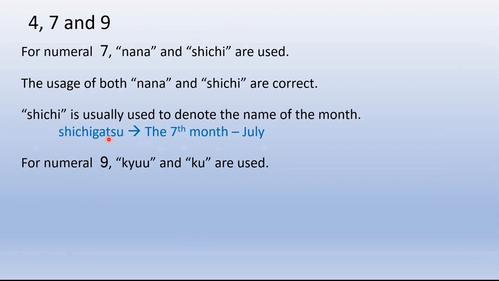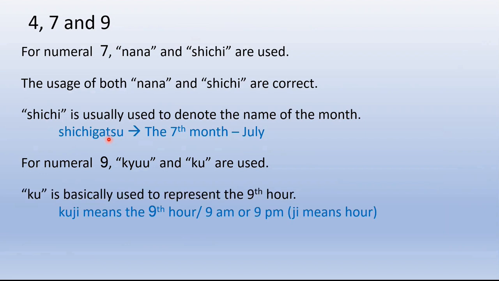And finally, the numeral 9. As we just saw, kyuu is used for 9, and a second word, ku, is also there. Ku is basically used to represent the ninth hour. Kuji. Ji means hour and ku means 9. So kuji means the ninth hour.